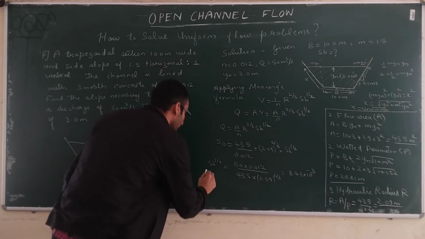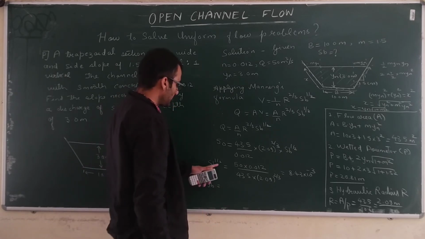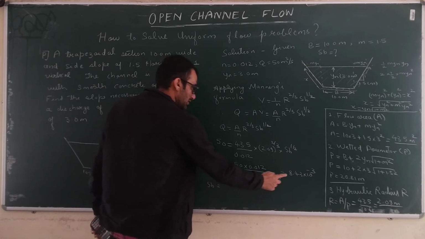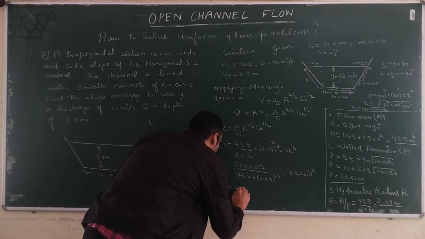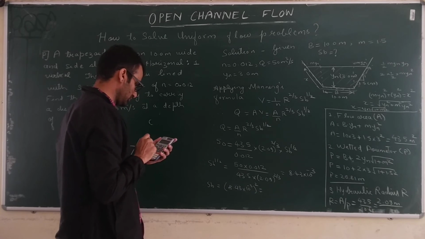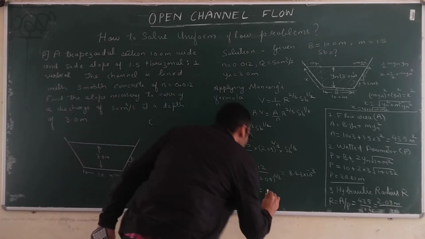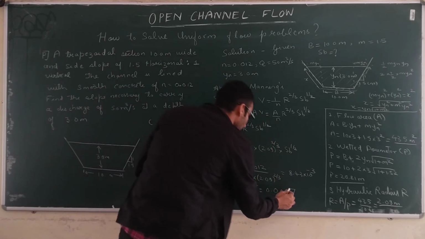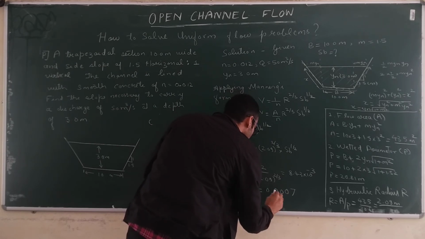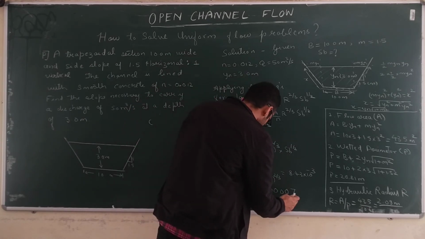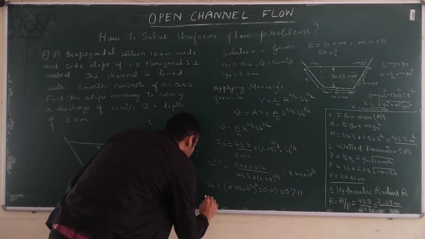Now SB is the square of this, so we have to take the square of both sides. 8.43 into 10 to the power minus 3, squared, gives about 0.0000711. Okay, so this is your SB.